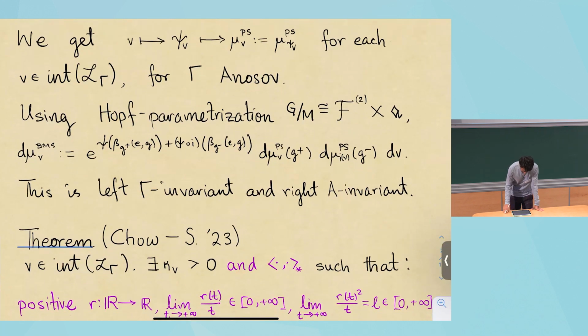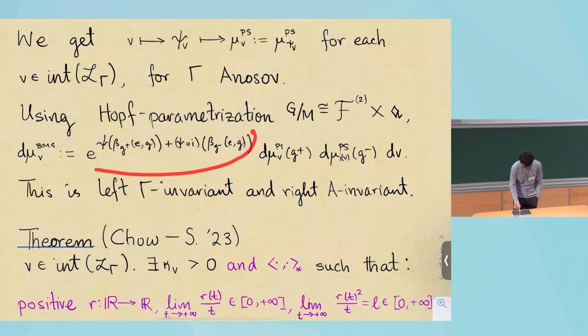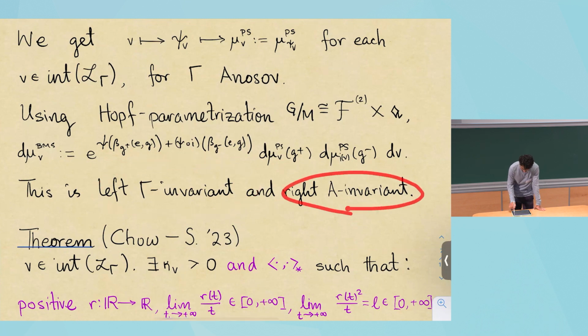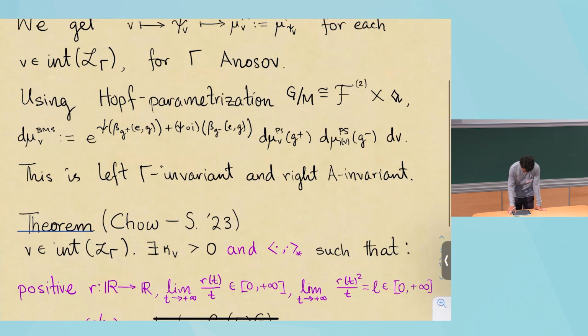Now using the Hopf parametrization, G mod m you can parameterize as this F squared cross the Lie algebra of A. And what you do is you put the PS measure in each factor of the Furstenberg boundary, and then the Lebesgue measure on A. And then, okay, I'm not defining the Busemann function, but if you put the correct factor in front, then this allows this measure to become left gamma invariant and right A invariant. So this is the important property.